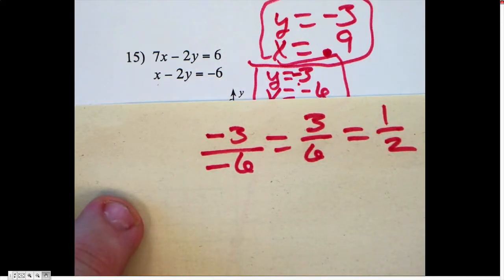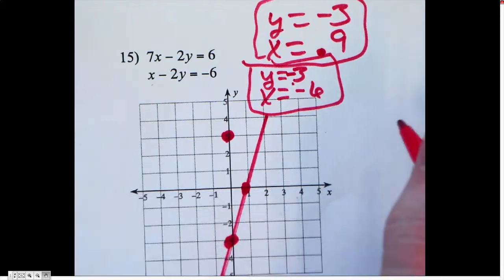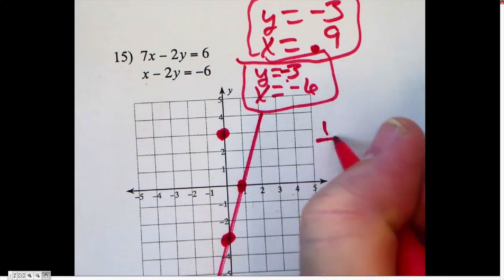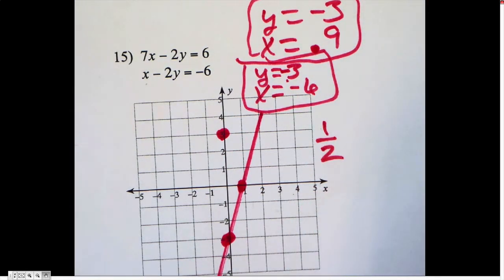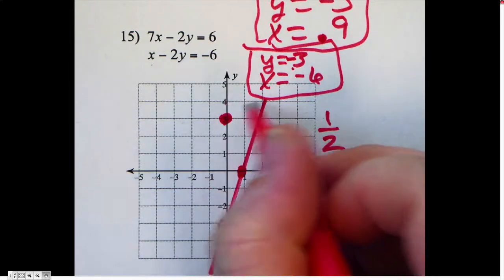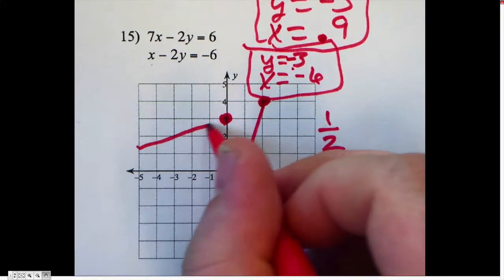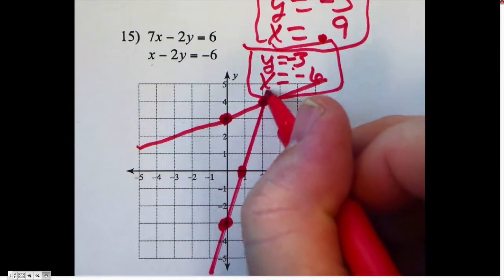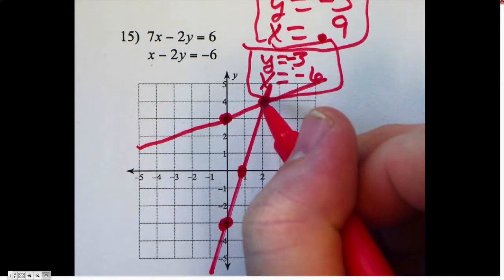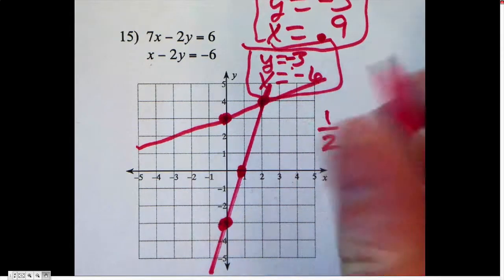Okay, the negatives cancel each other out, and we're left with just 1/2. So the slope is 1/2, which means I go up 1 over 2, and I can see right there's where they cross. This one keeps going. So right there at 2, 4.